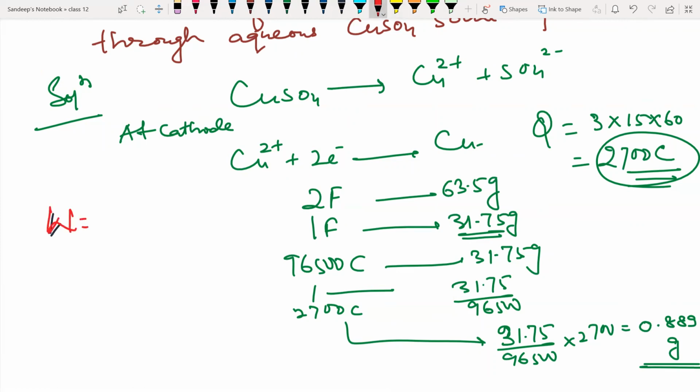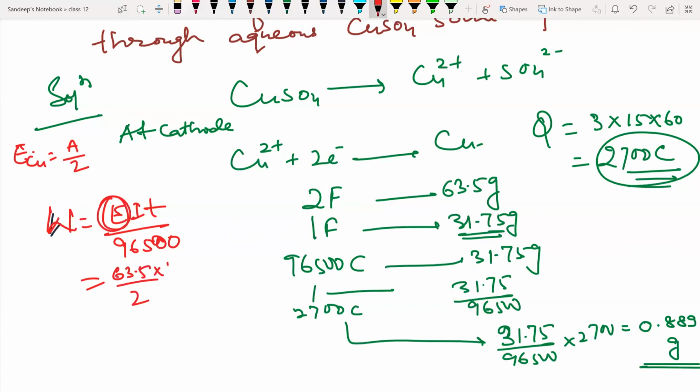W is equal to EIT by 96500. Keep in mind that the equivalent weight of copper is atomic weight by 2. So the atomic weight is 63.5 by 2. Current is 3. Time is 15 minutes, but minutes have to be converted into seconds, upon 96500.